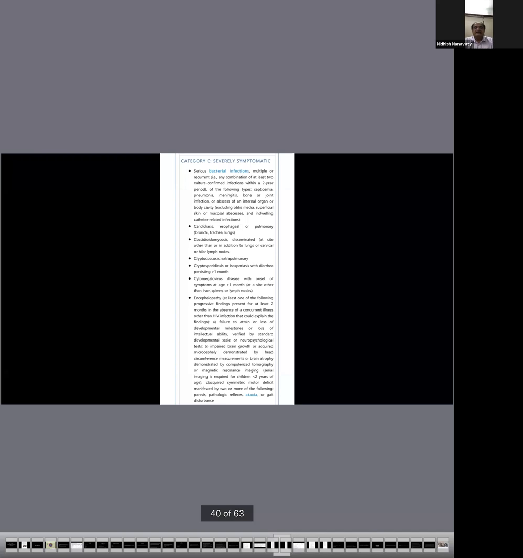In category C, we see almost the same infections, but in a very severe and fulminant way.